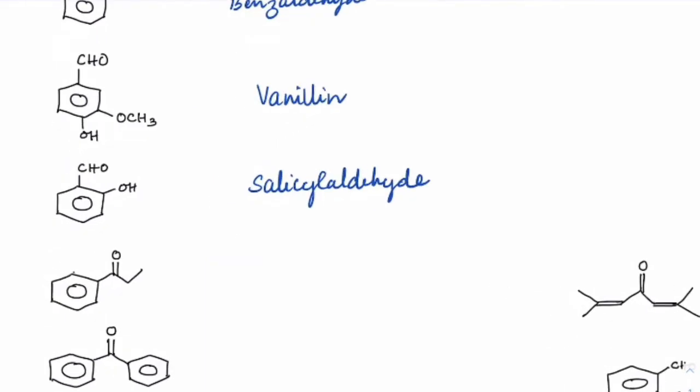See, if you have benzene with C double bond O, we don't call it benzaldehyde anymore. This entire thing is phenyl and one, so it is called phenone. And this side the connection is with propane, so it is called propiophenone.